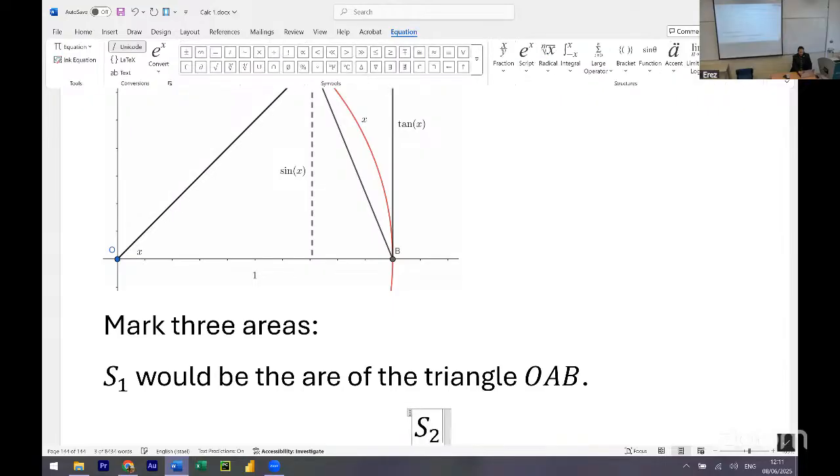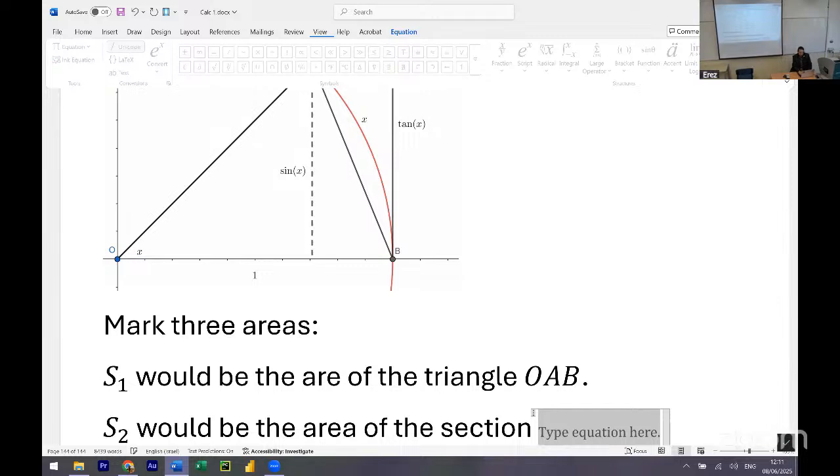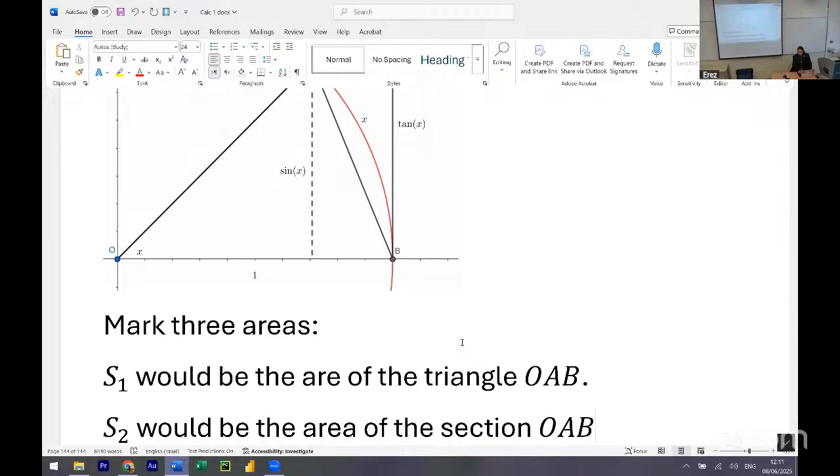S2 would be the area of the section OAB. What's the difference? I wrote here OAB and here OAB. It's inside of the arc.